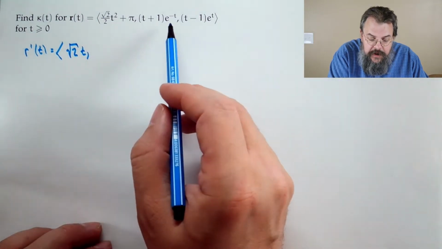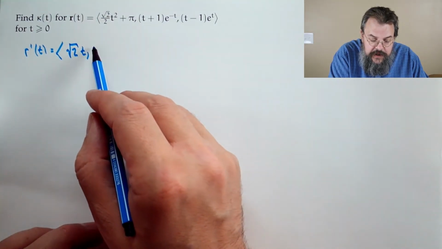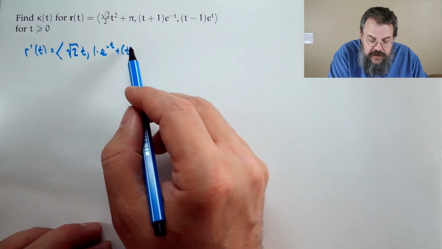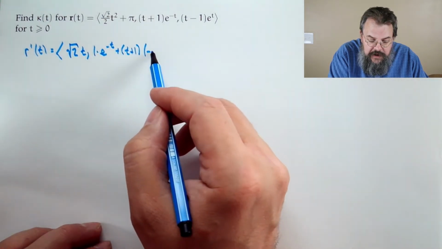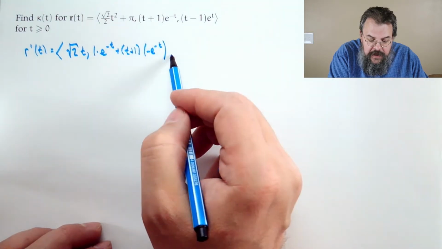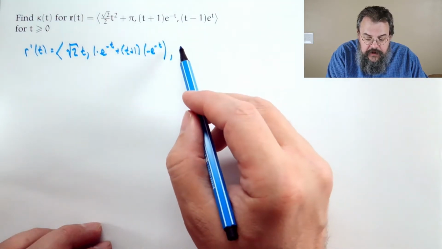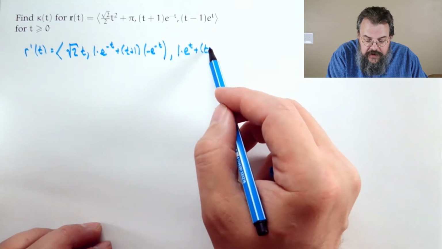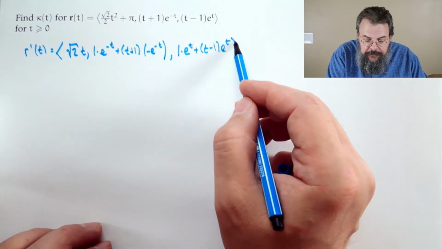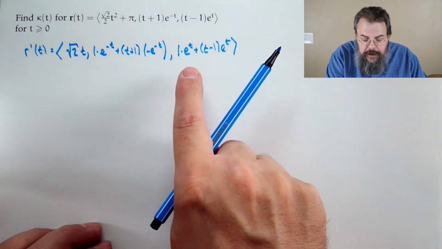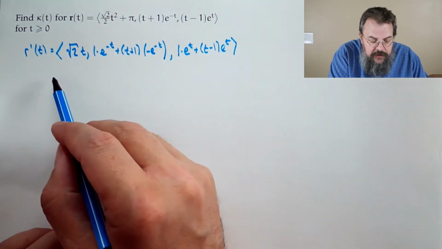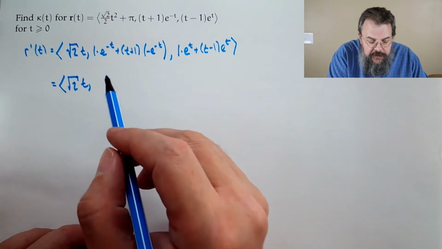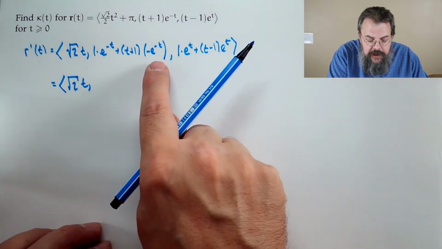Now the next term, product rule: derivative of the first times the second plus the first times the derivative of the second. And again, another product rule. Now, it looks like we can probably simplify. So, nothing to do in the first term. If we look here, what do we see?